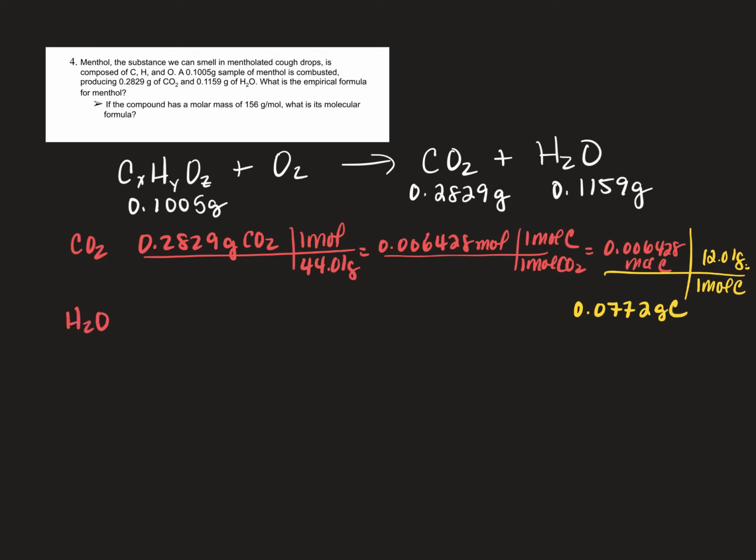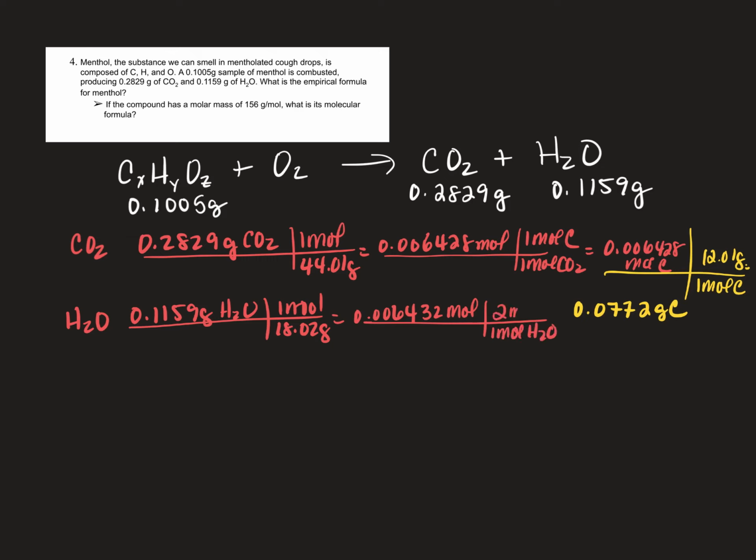We're going to go back to the water. I have 0.1159 grams of water. In 1 mole of water, there's 18.02 grams of water. That gives .006432. And in 1 mole of water, there's 2 moles of hydrogen.